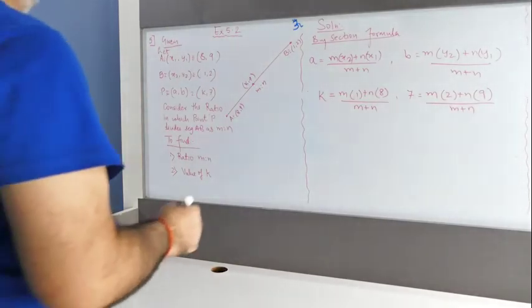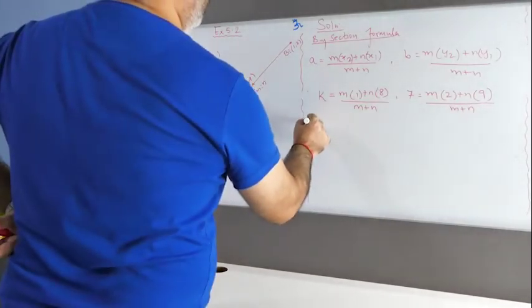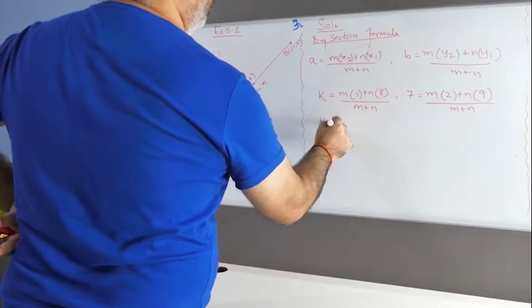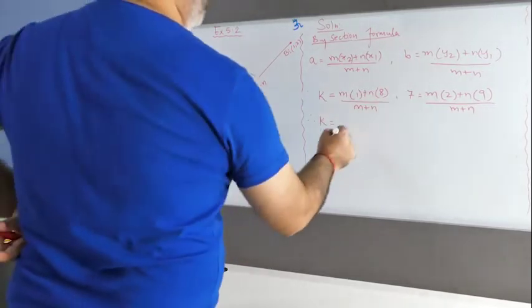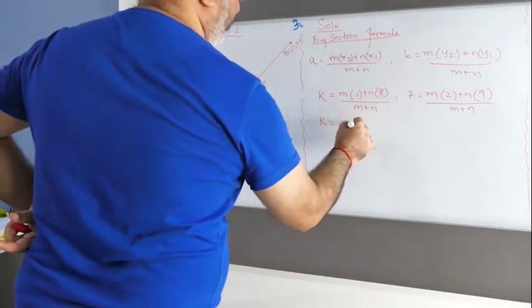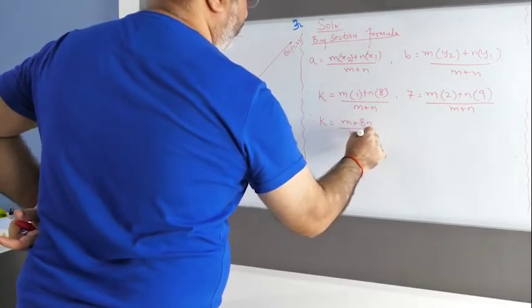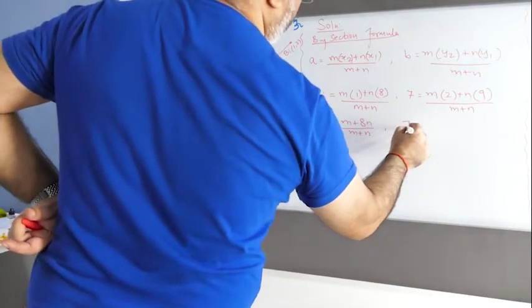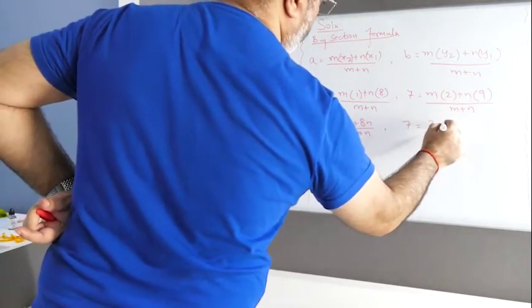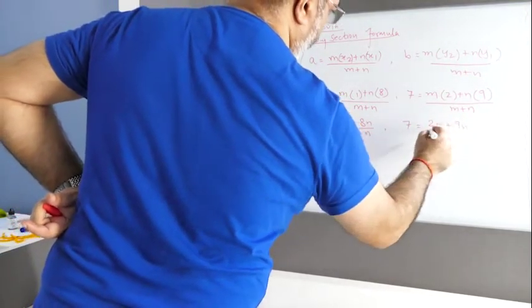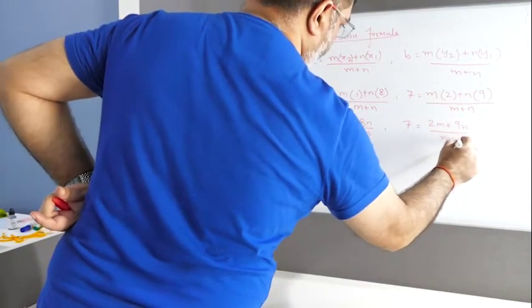Alright, next. Therefore, k is equal to, now you have (m plus 8n) upon (m plus n). Here you have 7 is equal to (2m plus 9n) upon (m plus n).